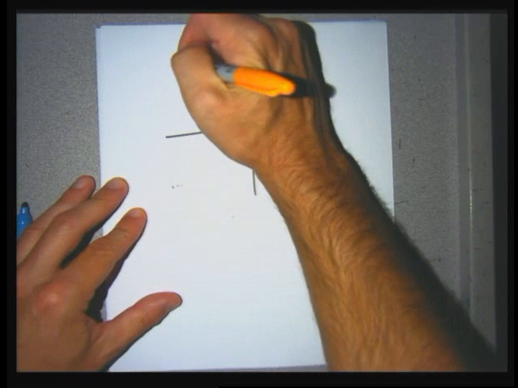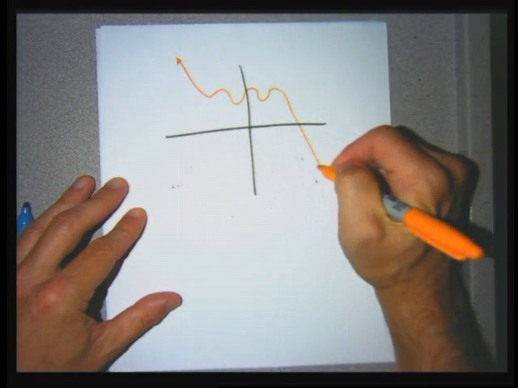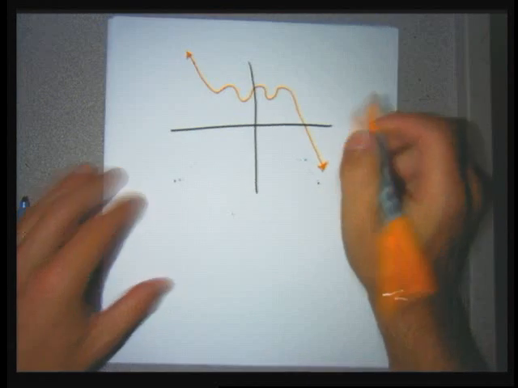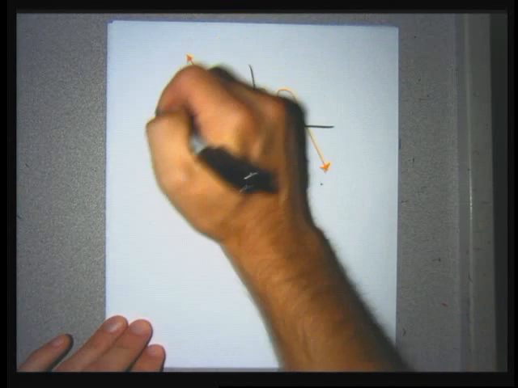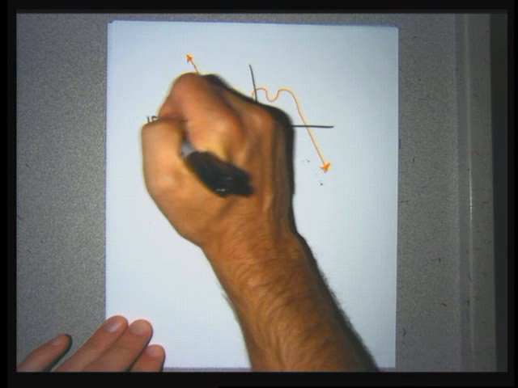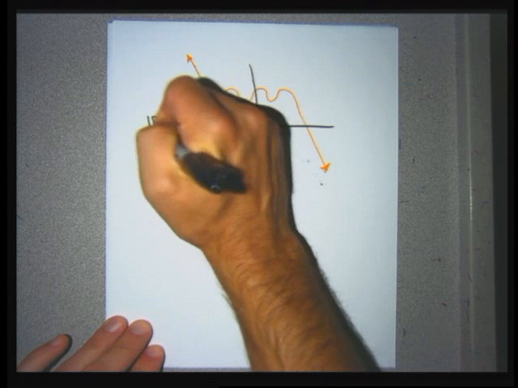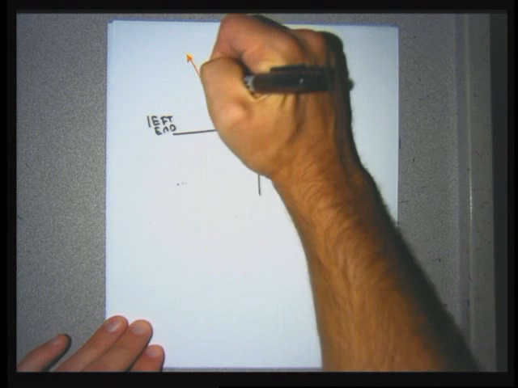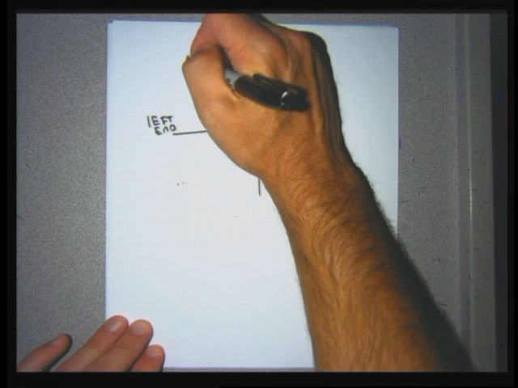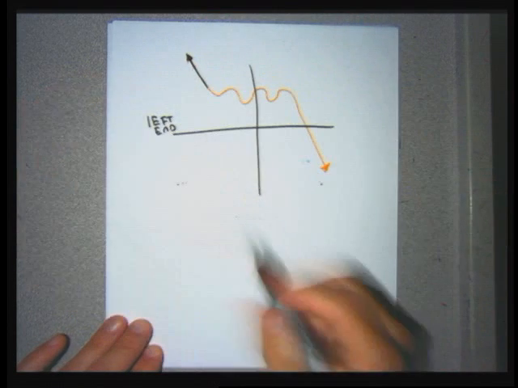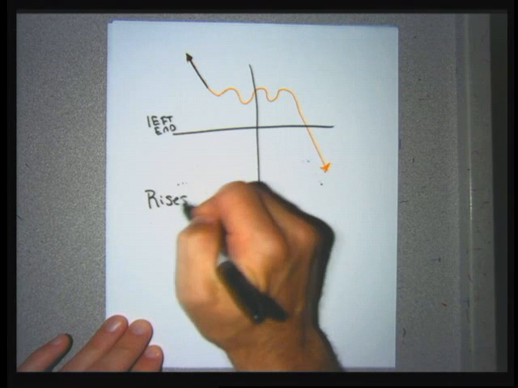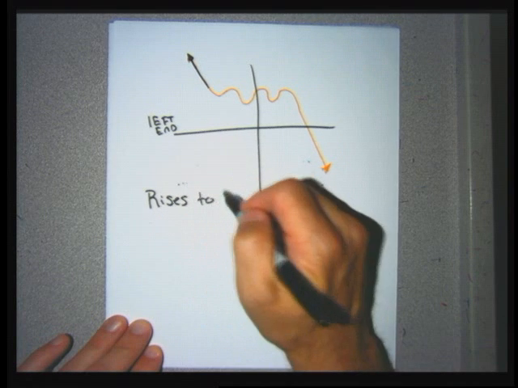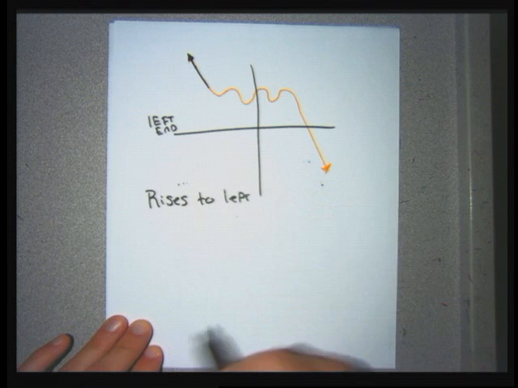So it doesn't matter what happens in the middle in terms of end behavior. For this particular graph that I drew, the left end of the graph is over here. If I'm tracing to the left end of the graph, I'm having to go up as I trace to the left. So I'd say this graph rises to the left, or as I'm tracing to the left edge of the graph, it's going up.